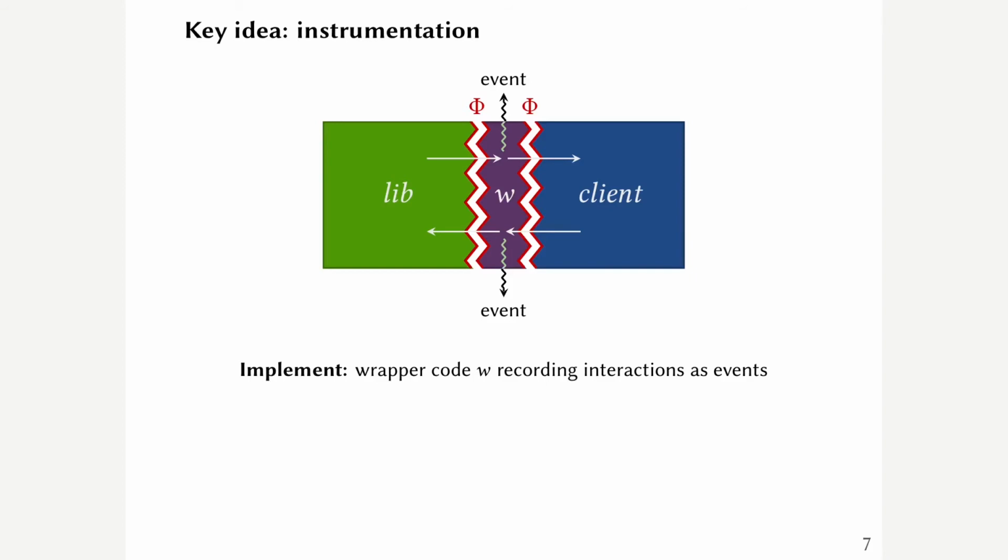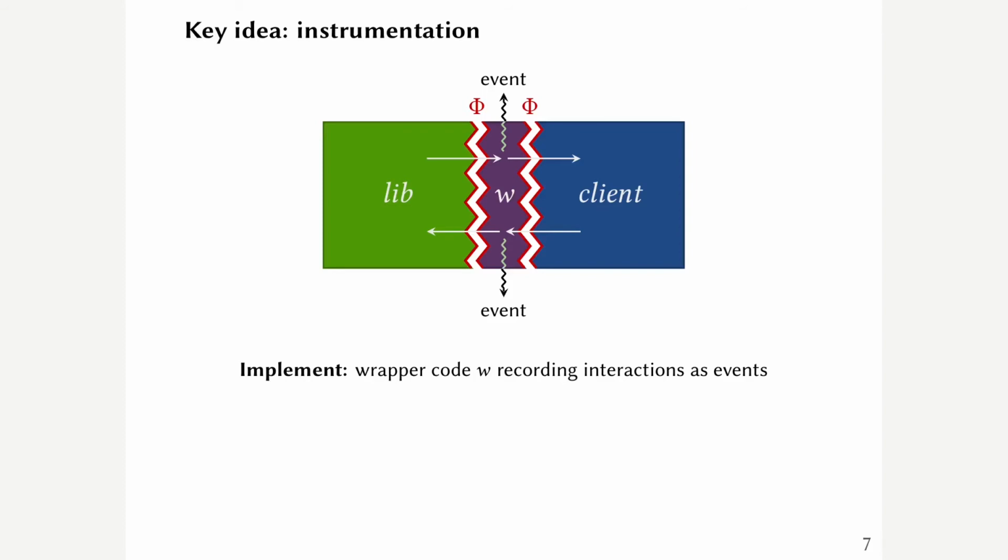The wrapper assumes a library satisfying specification phi, and itself implements the specification phi. So from the point of view of the client, the wrapped library is indistinguishable from a normal library. But additionally, every time there is a call between the library and the client, the wrapper will record that this call has happened by emitting an event which gets recorded in a global trace.